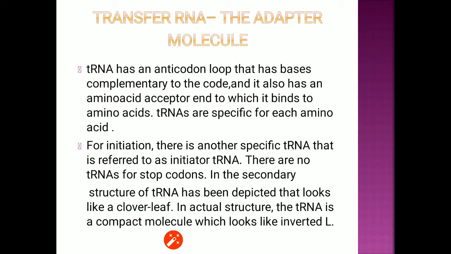For initiation, there is another specific transfer RNA that is referred to as an initiator transfer RNA. There are no transfer RNAs for the stop codons. The secondary structure of transfer RNA is depicted as looking like a clover leaf. In actual structure, the transfer RNA is a compact molecule which looks like an inverted L.